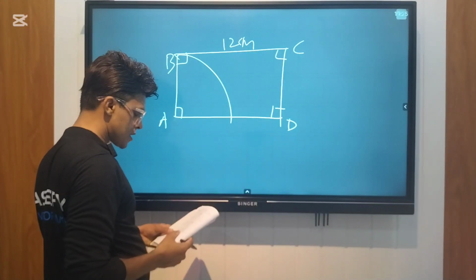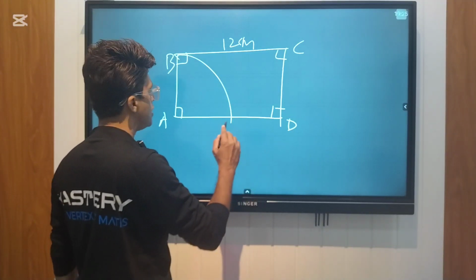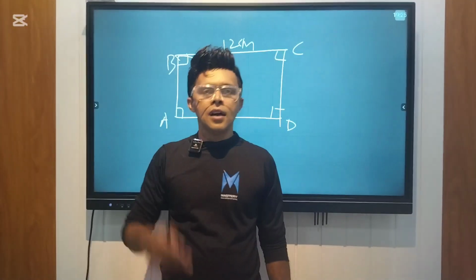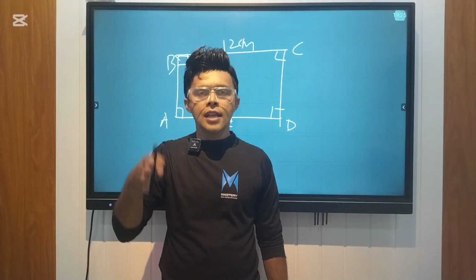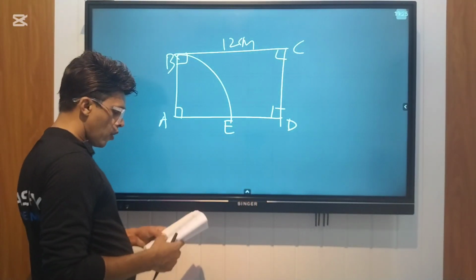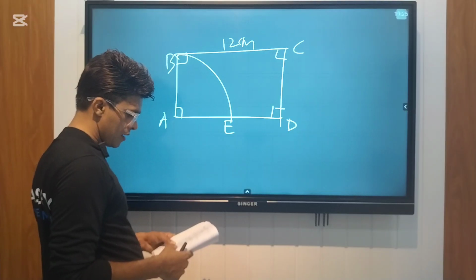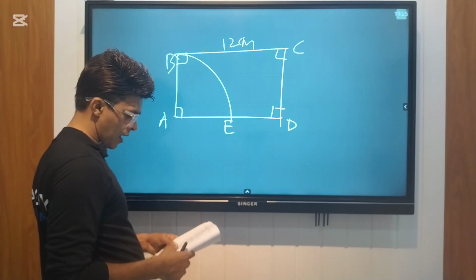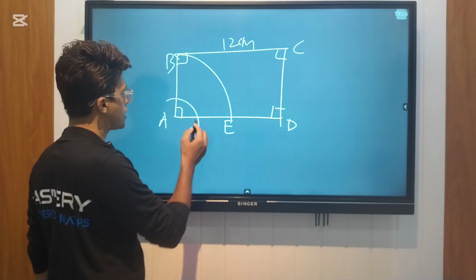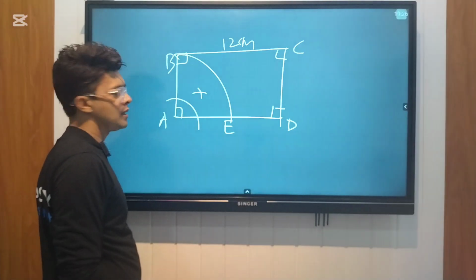We need to locate a point. Actually, in the question, this point has not been given. I will write this one as E. A point P should be located equidistant to the lines AB and AD. In order to get to that point, we need to draw an arc and bisect this angle.